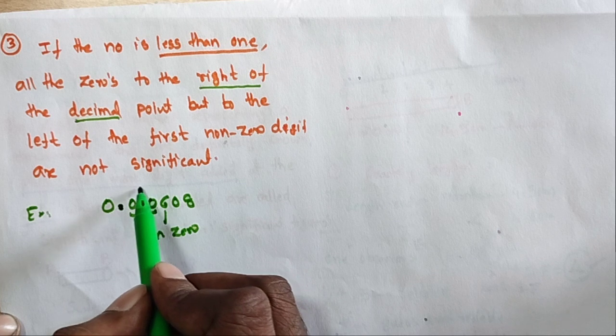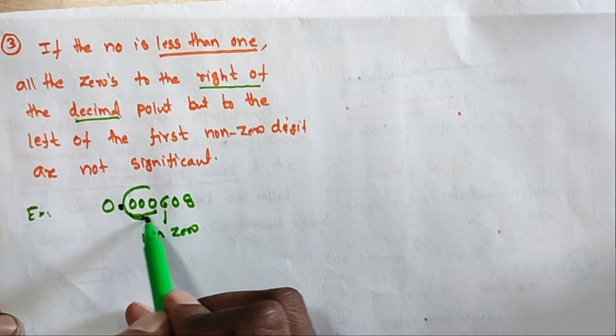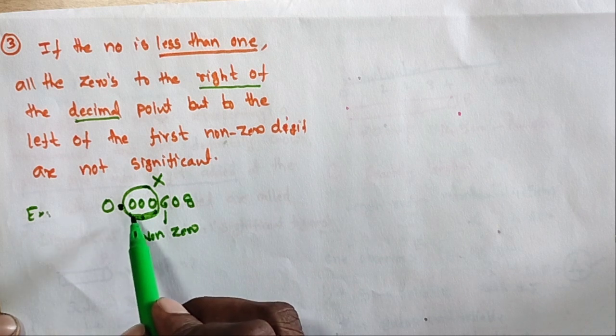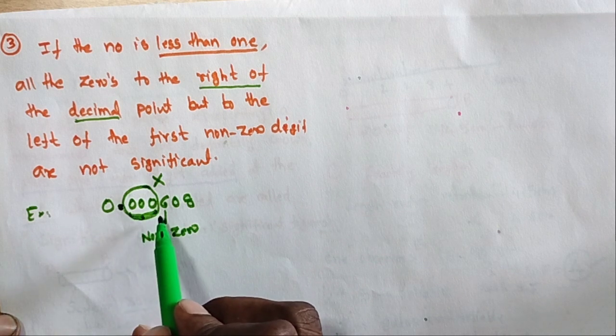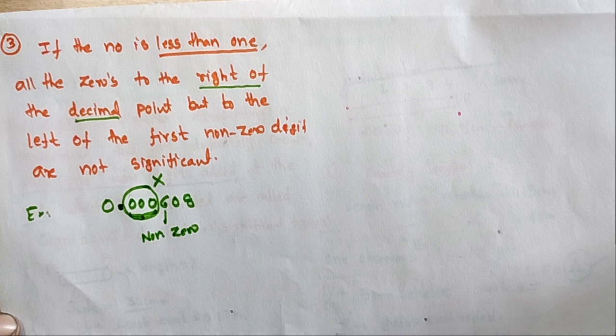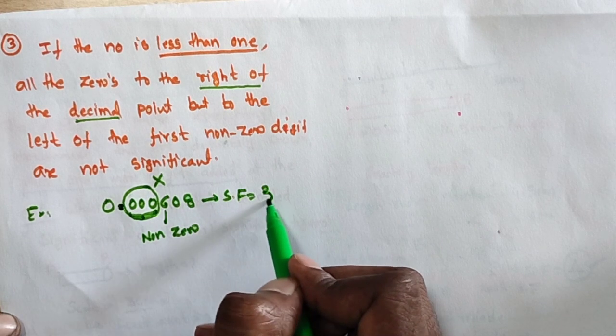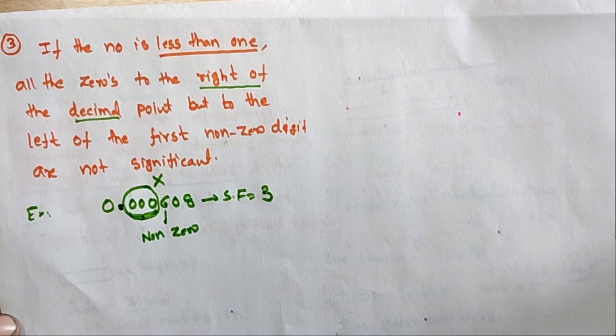These three zeros have no significance. So in 0.000608, the significant figure is equal to 3.